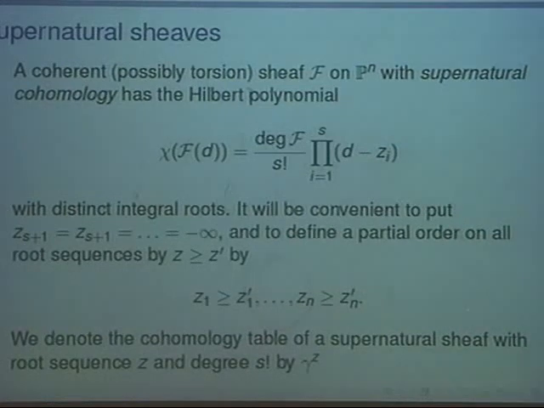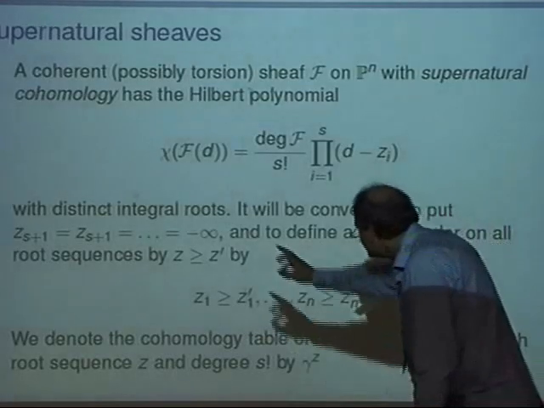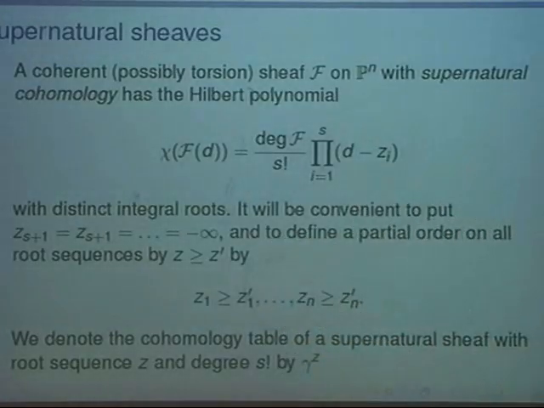Of course, if we have a torsion sheaf, say a sheaf of dimension s, then there will be only s roots. And it will be convenient for us to put the further roots s+1, s+2, and so on, to minus infinity.